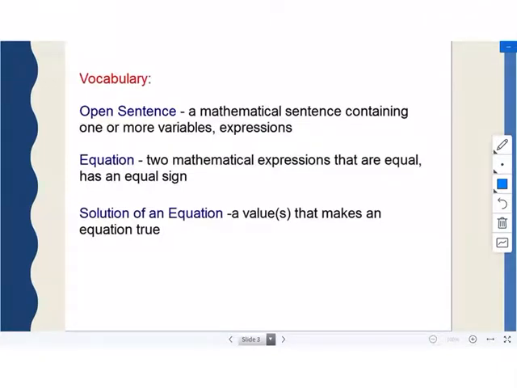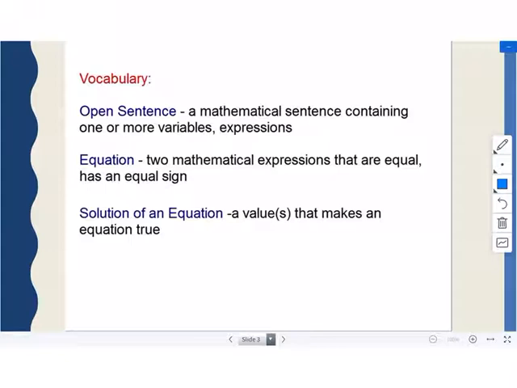Okay, we have a couple new vocabulary words. Those words are open sentence, equation, and solution. An open sentence is just a fancy way of saying expression.